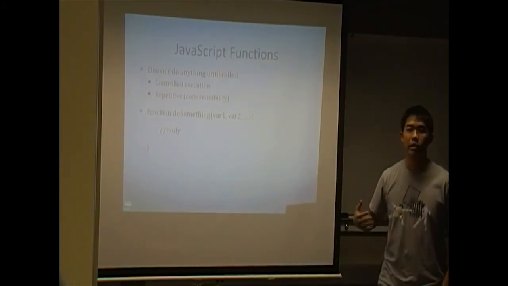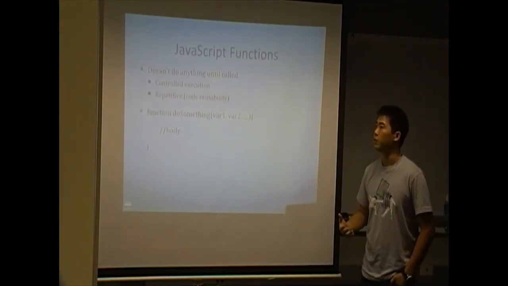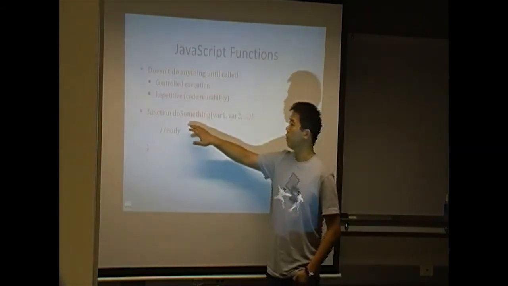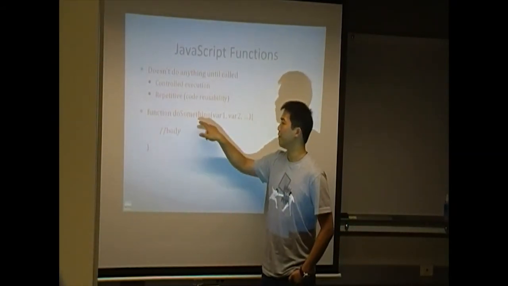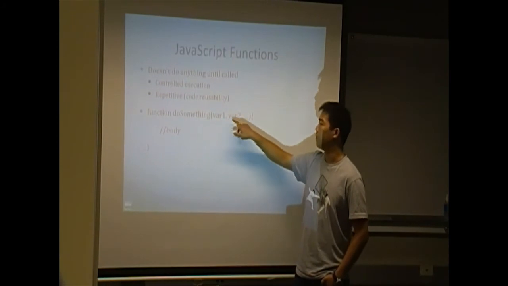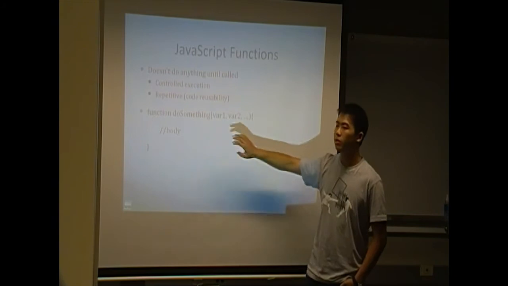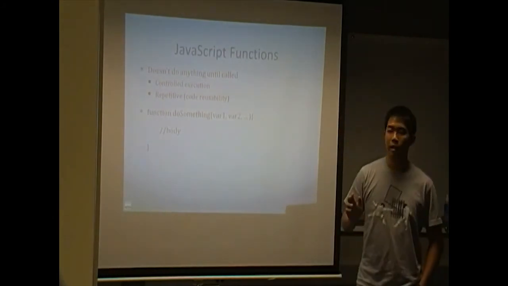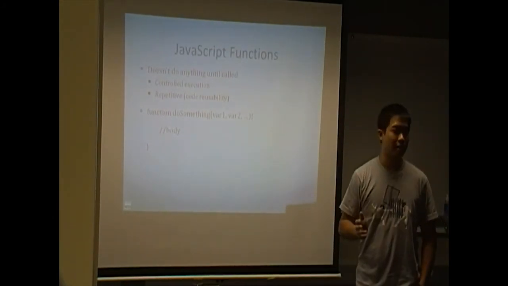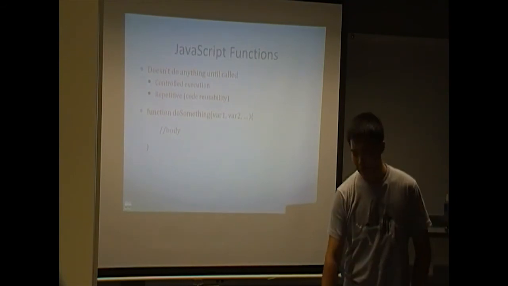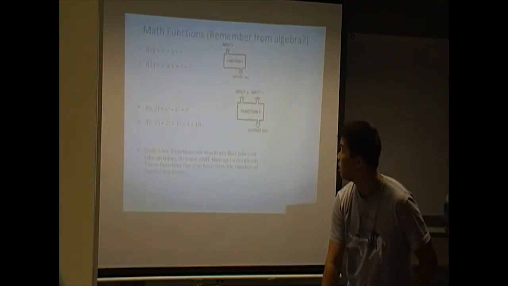So JavaScript functions are just working the same way that algebra functions work, in that you have some sort of f of whatever, but in this case you have variables or parameters that you pass into that function. So it's just a little bit of a syntax change, but for the most part it acts just like a math function that you've seen in your algebra classes.